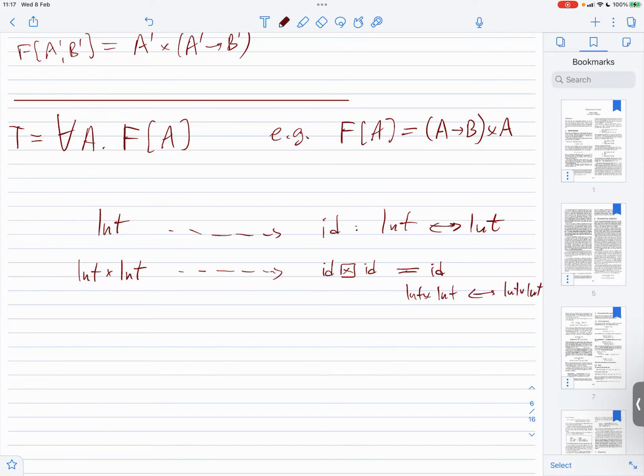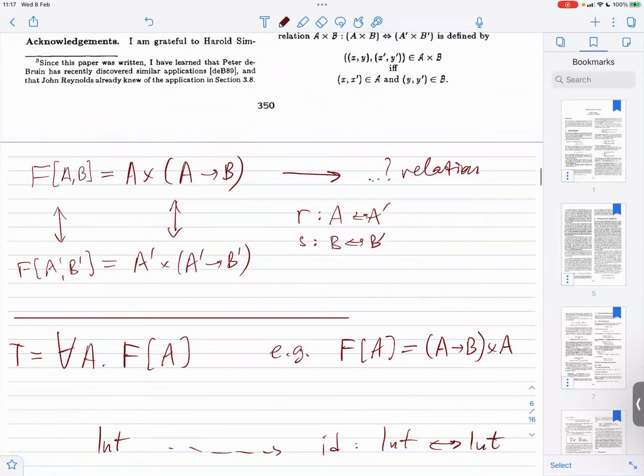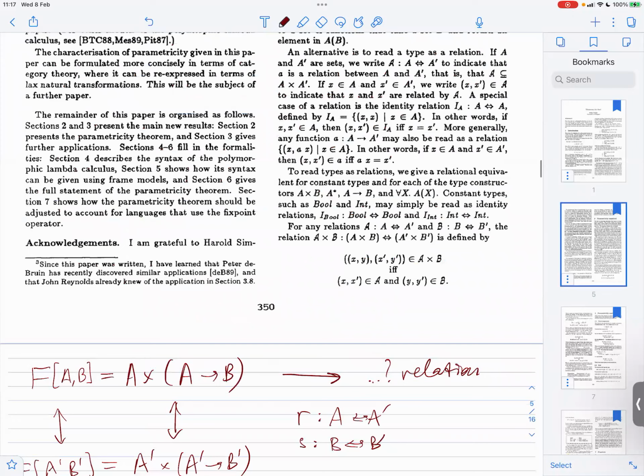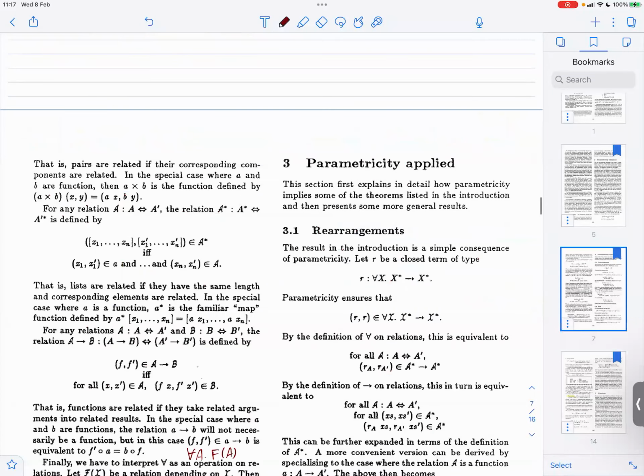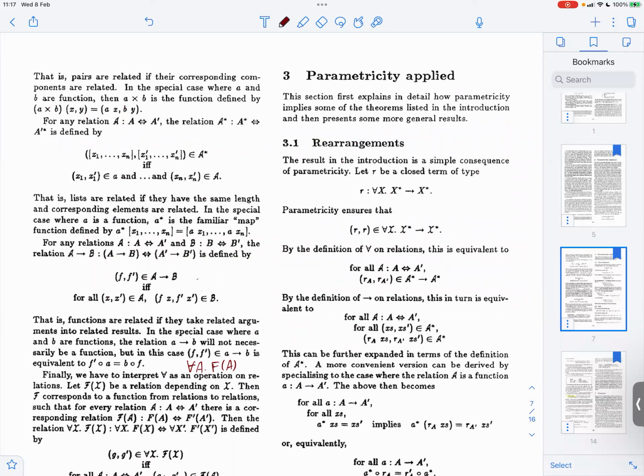Okay, then you have a function, let's say int to int, and that function type is translated into an identity going into identity, and I have this notation in my book. For this paper, I don't think he uses that notation. He uses just an arrow here, the relation.